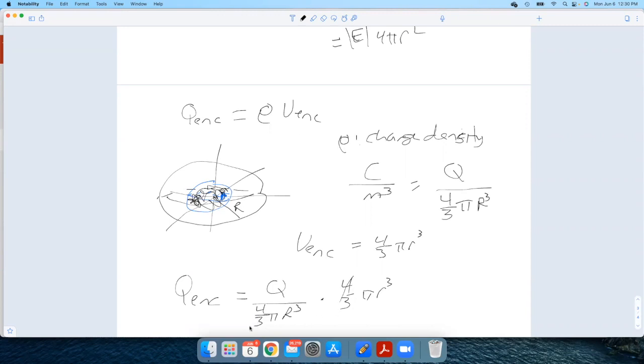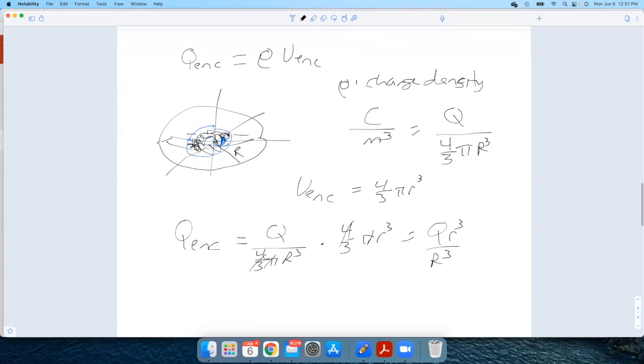The 4/3 and the pi cancel out. I get Q times little r cubed over big R cubed. That tells me what fraction of the total charge lives inside the blue sphere. If these are equal, by the way, if the blue sphere is all the way out here, if little r equals big R, look, those will cancel and I'll just get 1 times Q. I get all my charge.